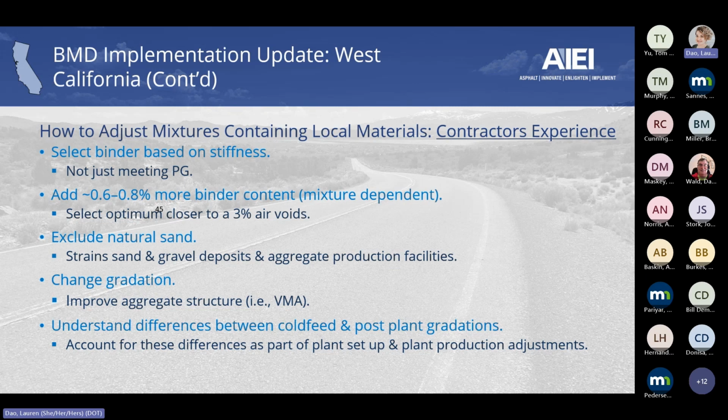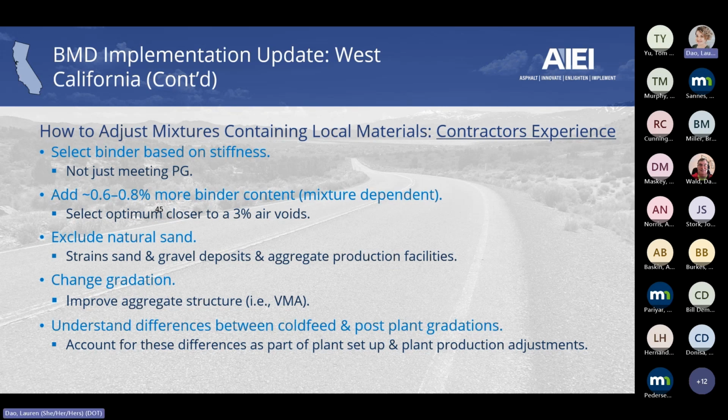So the asphalt binder source, adding maybe more binder to your mix, excluding or minimizing the use of natural sand, okay? Change in the gradation, not necessarily the gradation itself, it's more the stockpiles, so that you can have more effective binder rather than total binder.